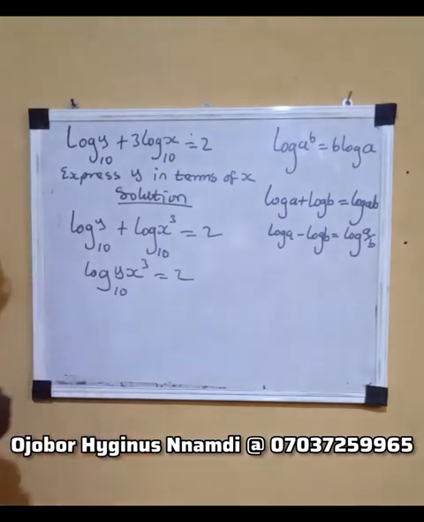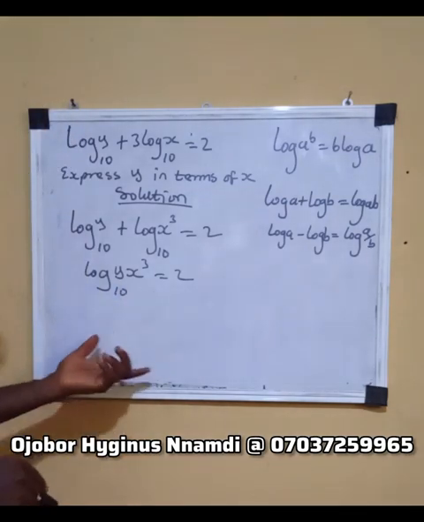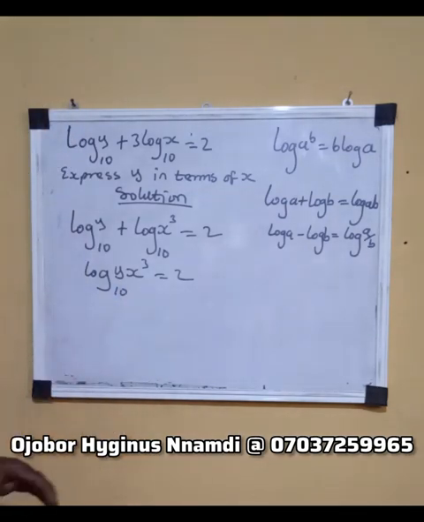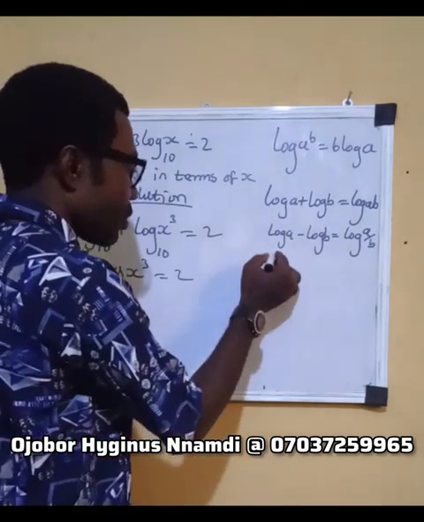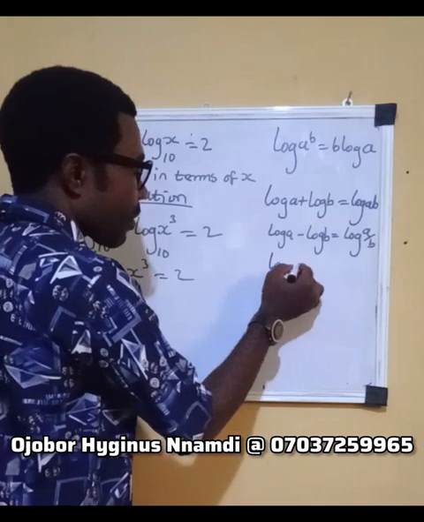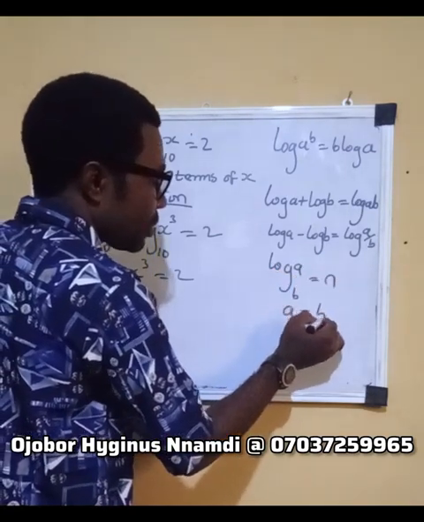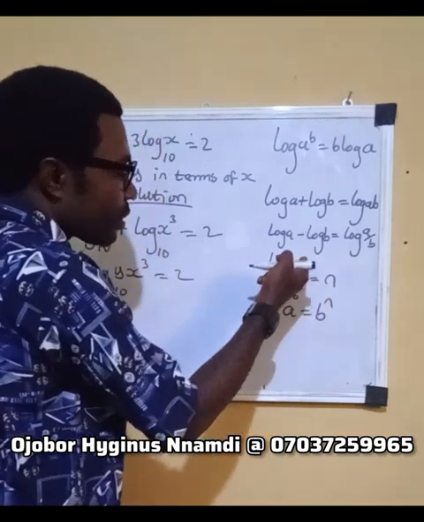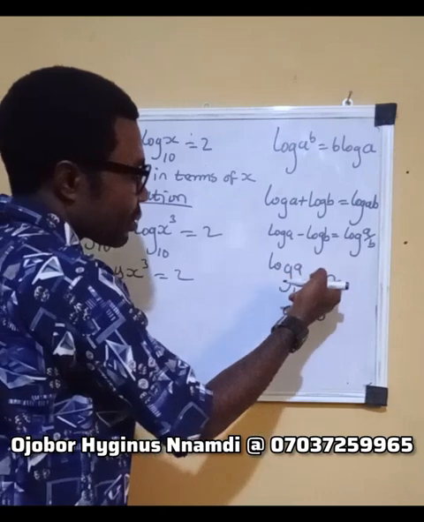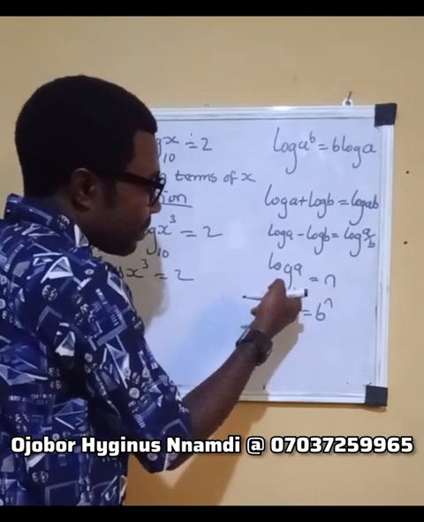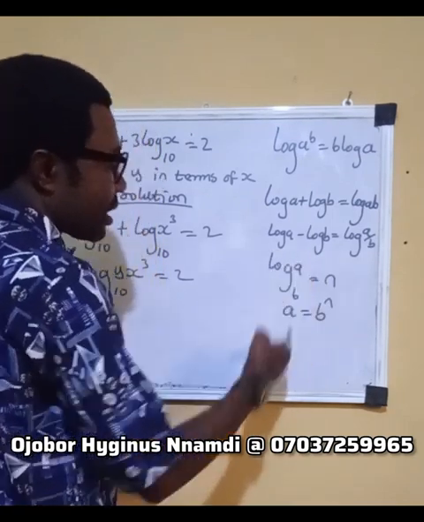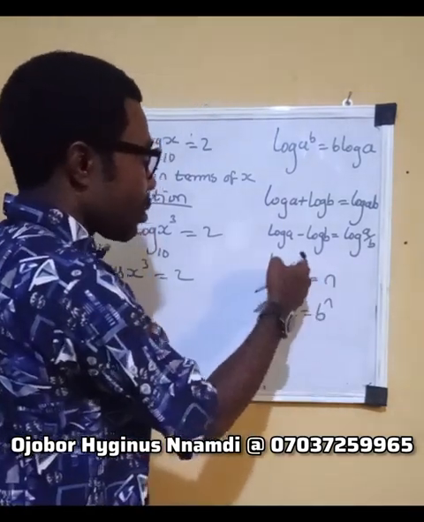I can decide to follow different laws here, because I know there is a law that says log a base b equals n simply implies that a is equal to b raised to power n. So if the logarithm of a number to a certain base is equal to a certain other number, then the base raised to power that result is equal to that number, that is b raised to power n equals a.